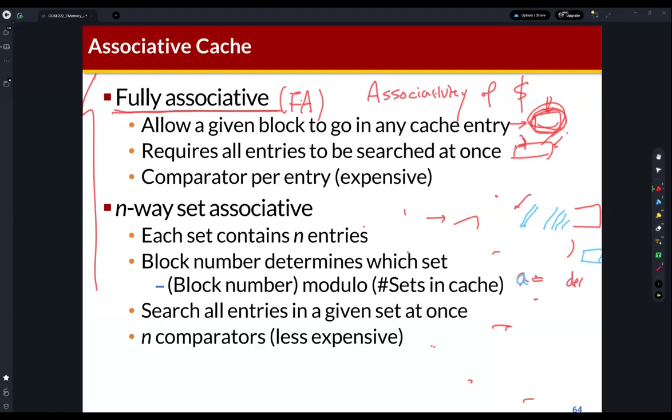Then how can we identify the stored cache block? We can use the tag, right? In the fully associative cache, in the address field, there is no index field.